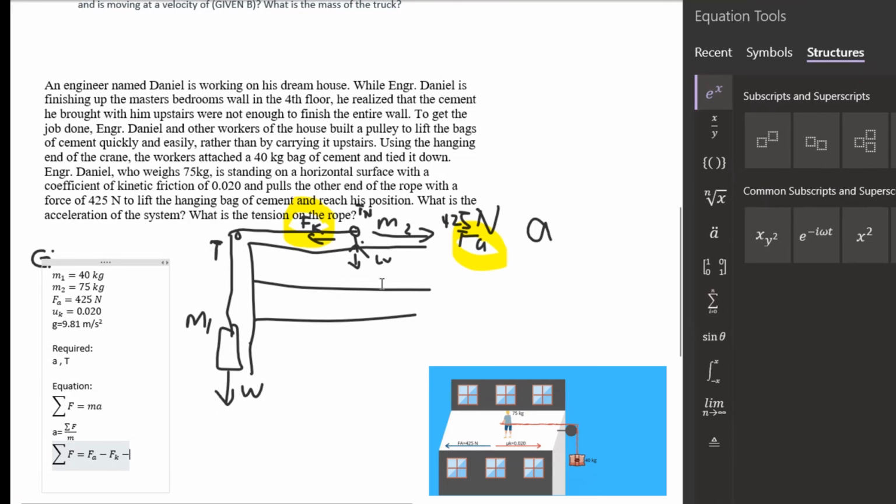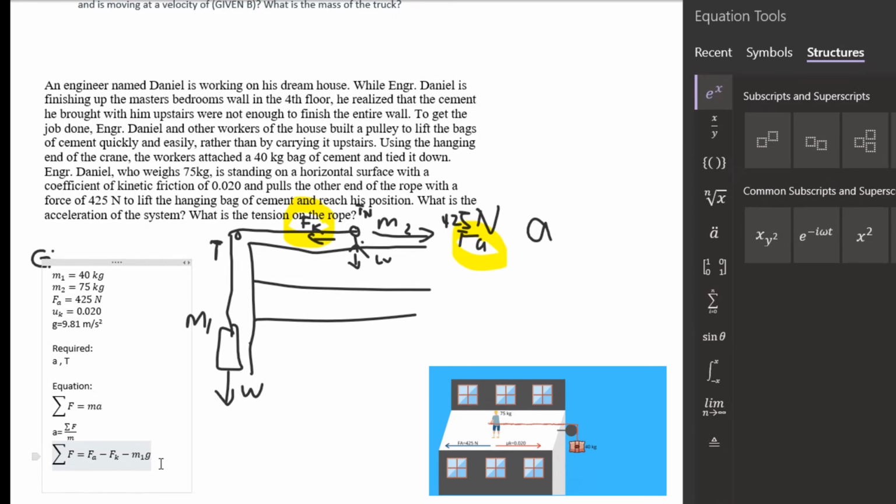Since we're involving a horizontal surface, we're going to just write the weight force as the mass times gravity, or mass sub 1 times gravity. So that is the summation of forces exerting in the system.